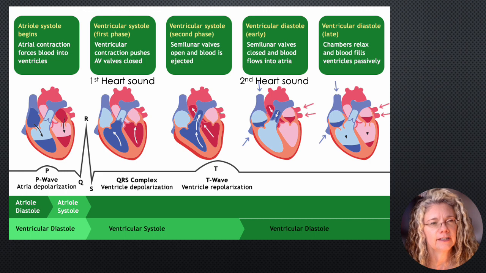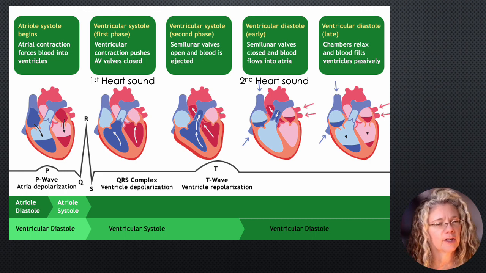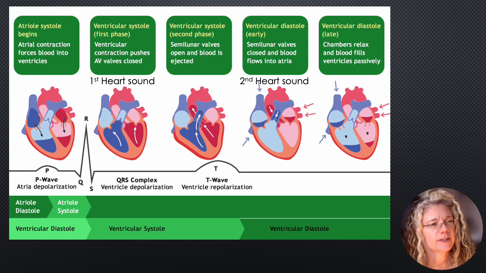The contraction of those papillary muscles is going to pull the valve closed, and then the contraction of the ventricle muscles will push again back against that atrioventricular valve, and hopefully they stay closed. Now that closing of the AV valves creates the first heart sound when you're listening to someone's heart with your stethoscope.